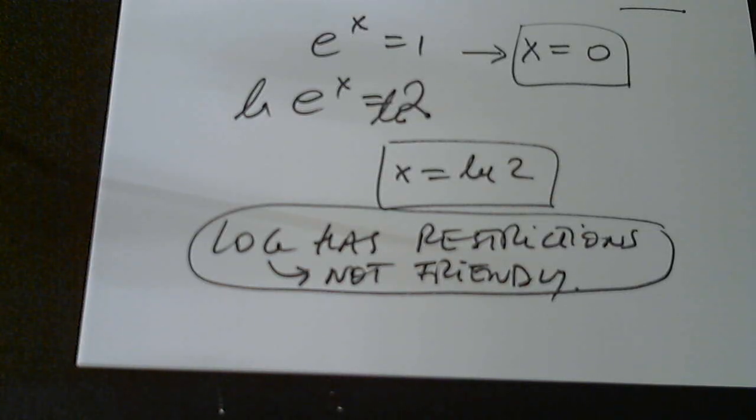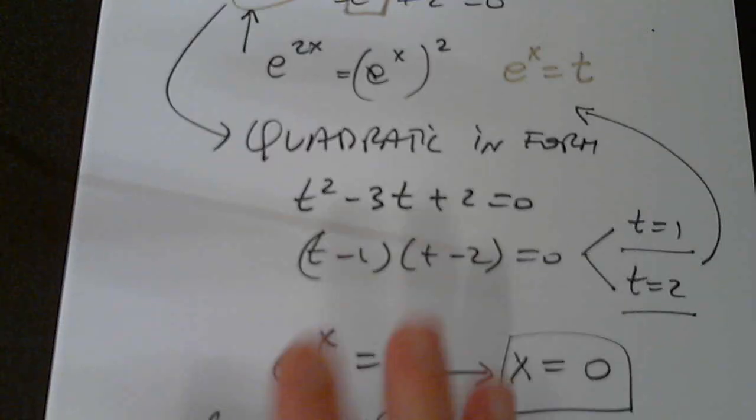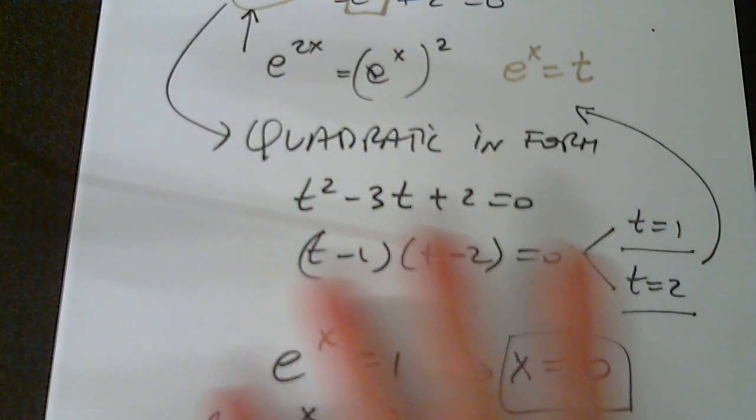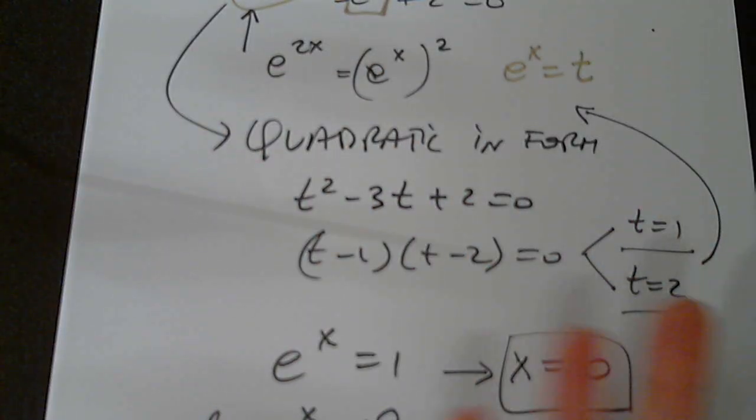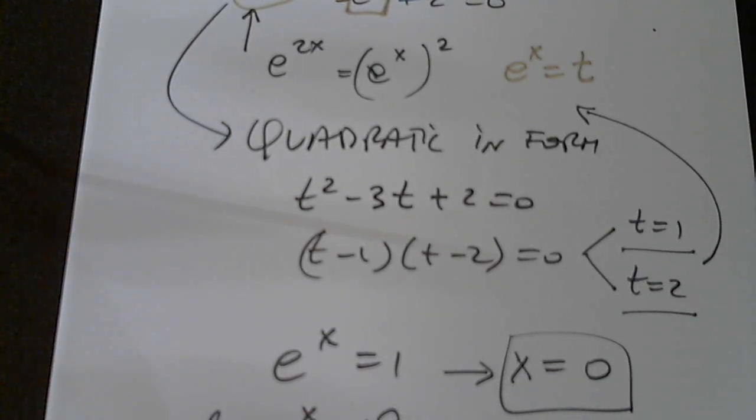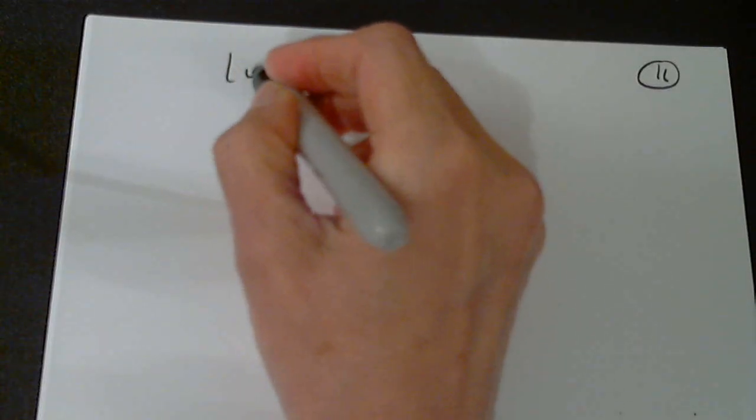The same thing with the square root equations, radical equations, and rational equations. I have to be careful. I never said anything here because exponentials are friendly. They exist everywhere, but log does not. Okay, so let's start. Log equations.